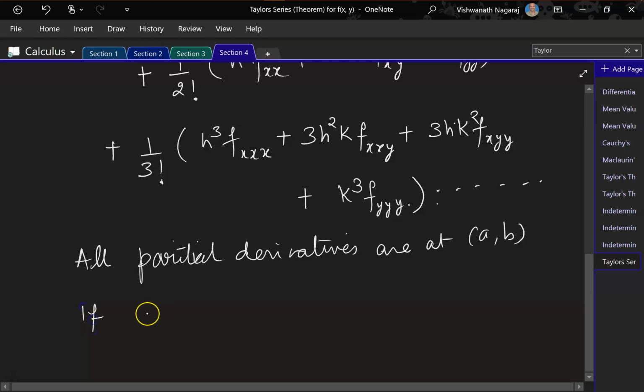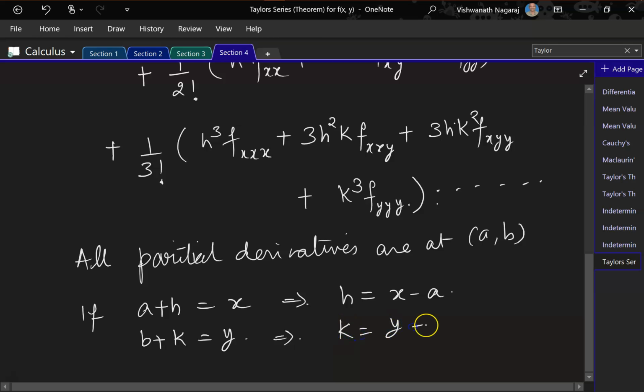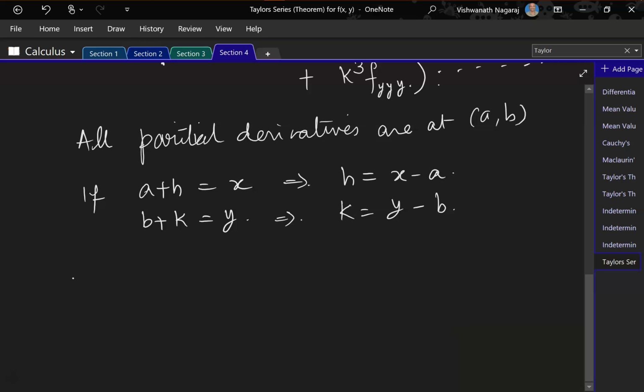Now if a plus h is equal to x and b plus k is equal to y, then h becomes equal to x minus a and k becomes equal to y minus b. So what will happen now?